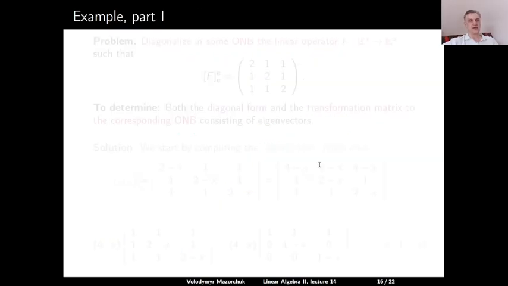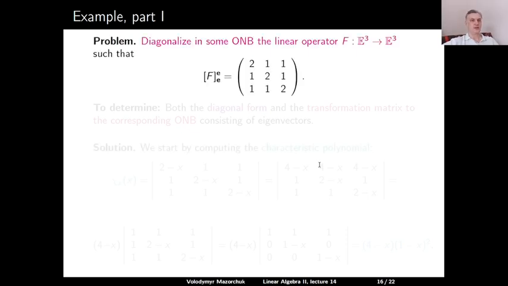Let us now do one example of how to diagonalize symmetric operators in an ONB. Problem. Diagonalize in some ONB the linear operator F from E3 to E3, whose matrix in the standard basis is 2, 1, 1, 1, 2, 1, 1, 1, 2.